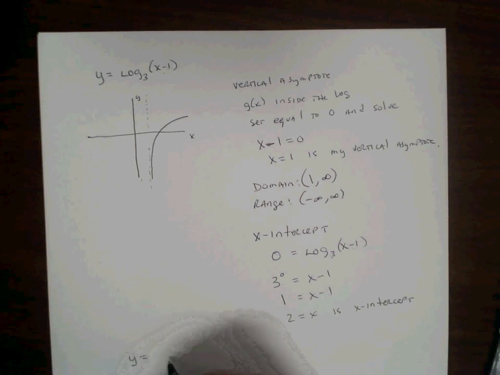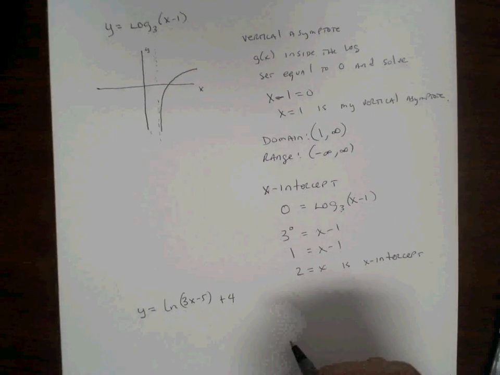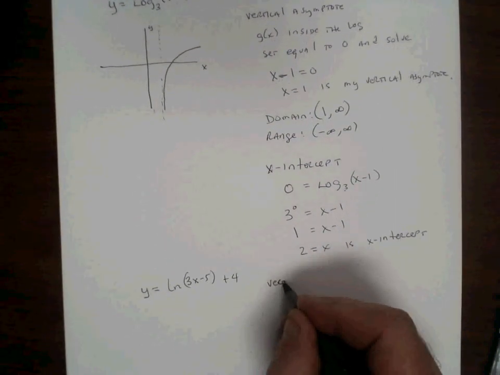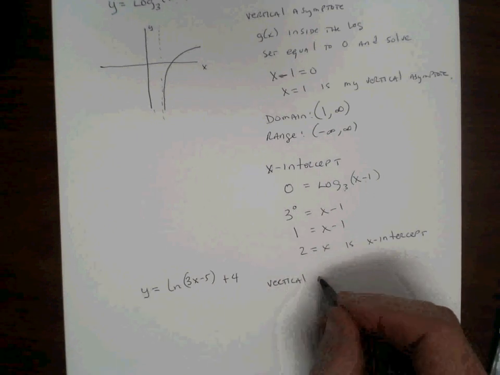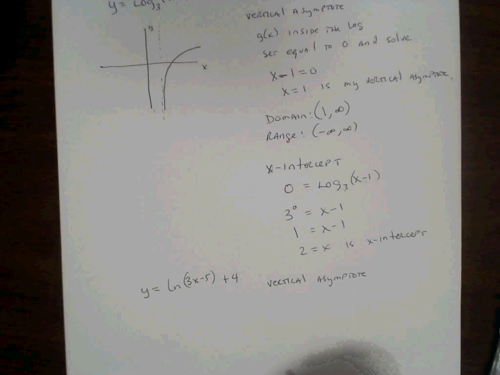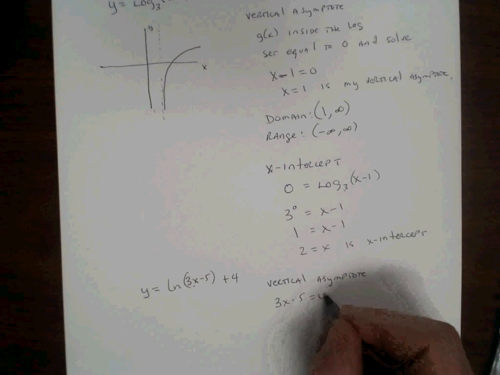Let's do another one. Let's do y equals ln of 3x minus 5, plus 4. So here, the first thing we'll figure out is our vertical asymptote. We're going to take the inside function, set it equal to 0 and solve.